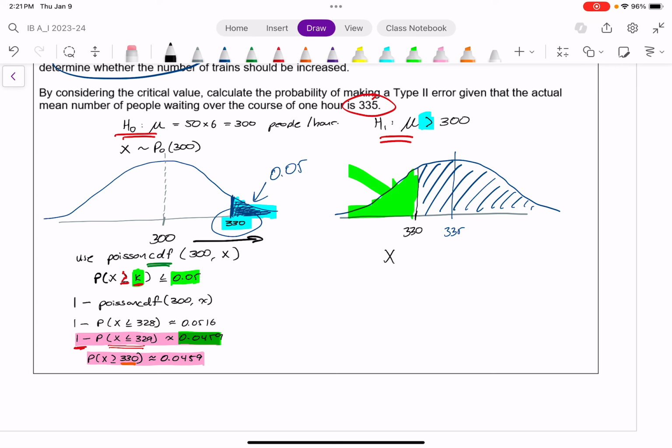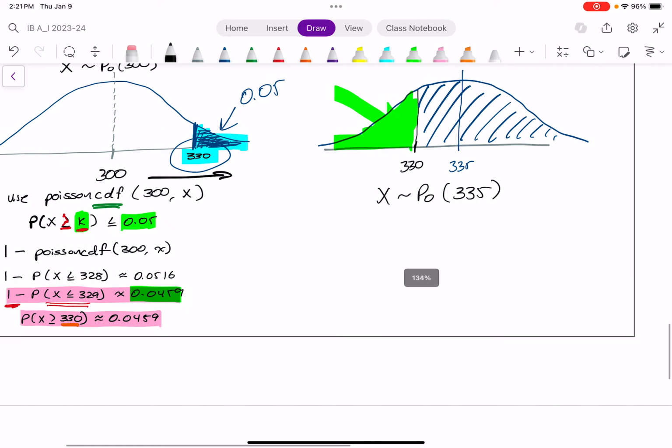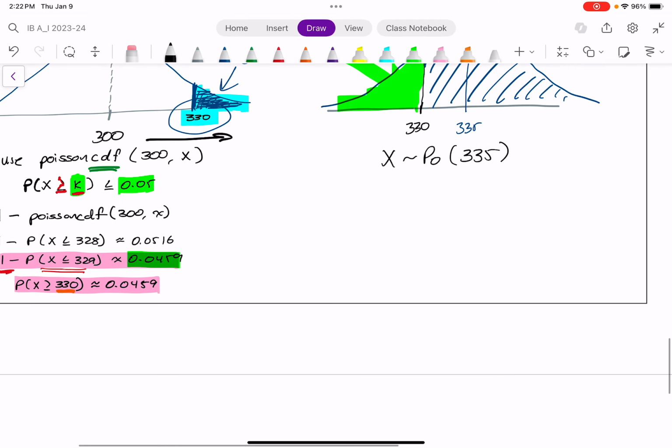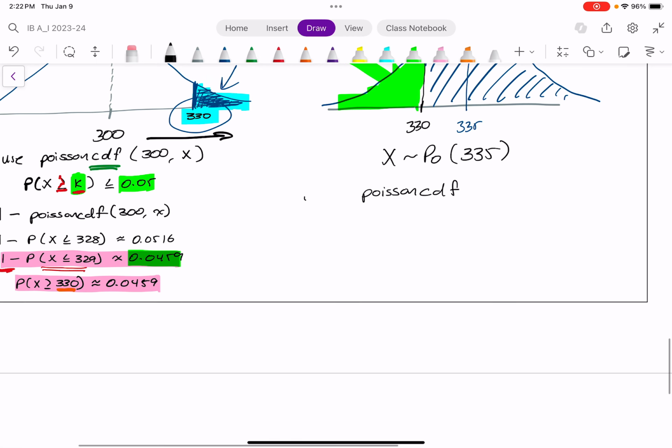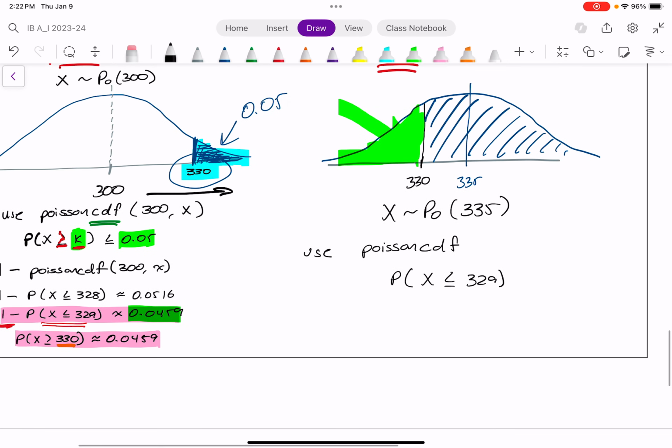So we have a new distribution, Poisson distribution of 335, and we want to find the Poisson cumulative distribution function to determine where the probability of x is less than or equal to 329. Again, 330 is the beginning of our critical region.